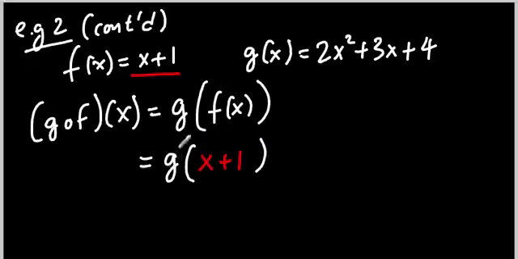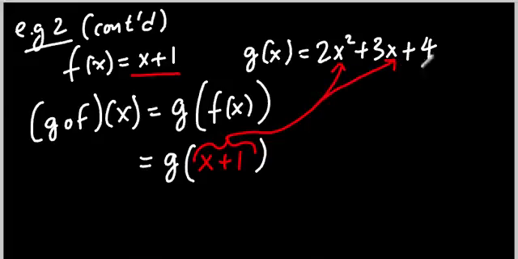Well, now we have to go to g. Well, g is this entire thing. So instead of x this time, I have x plus 1. So what that means is anytime I see an x, I'm going to replace it with x plus 1. So this x here will be replaced by x plus 1, and so will this x. Unfortunately, this 4 doesn't have an x, so we don't have to replace anything. We just keep it as is.